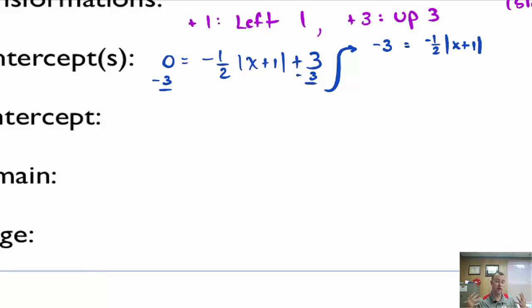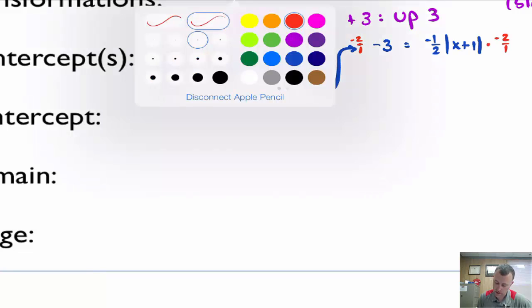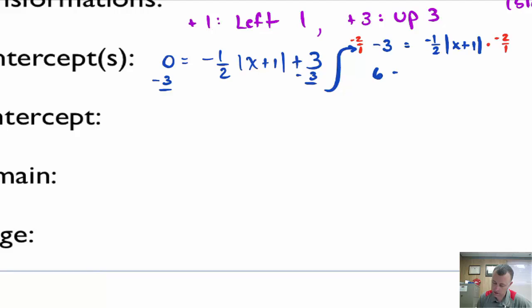So let's get that absolute value by itself so I can set up my two equations. So next step, I'm just going to multiply both sides by the reciprocal. When you do that, you end up with +6 equals absolute value of x plus 1.